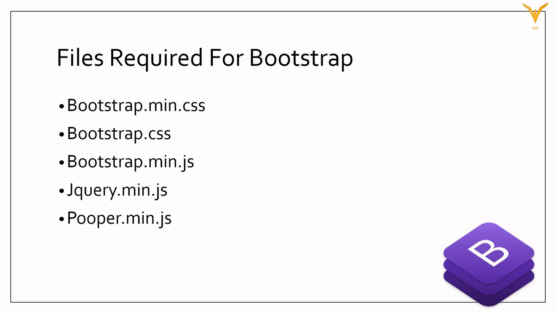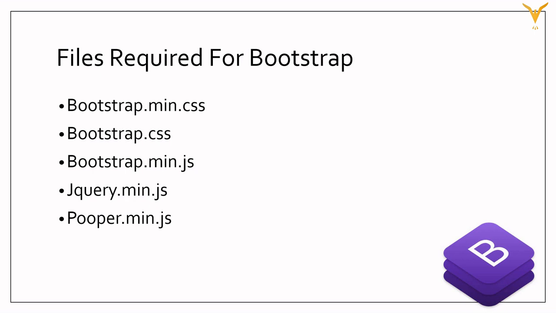Whereas the bootstrap.css file is not minified, so it contains white spaces, extra spaces and comments also. Obviously, the size of the file will be larger compared to the minified version. So we can say that bootstrap.css is a development version, whereas bootstrap.min.css is a production version.